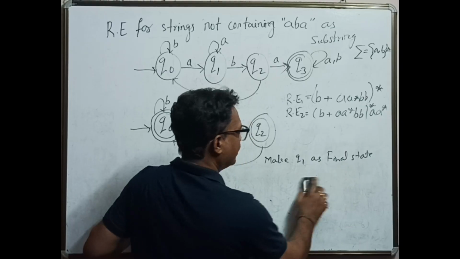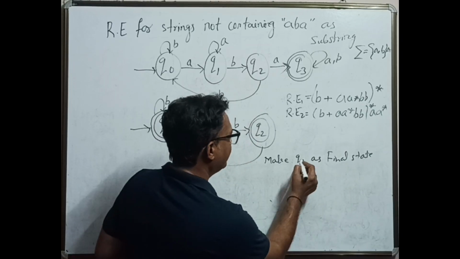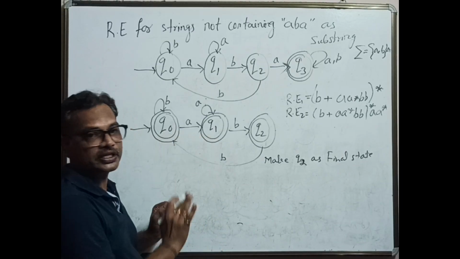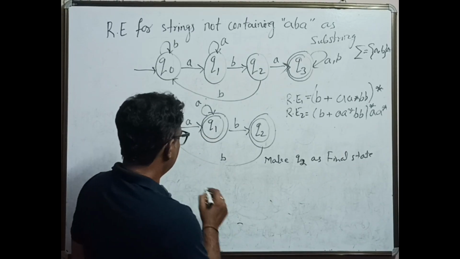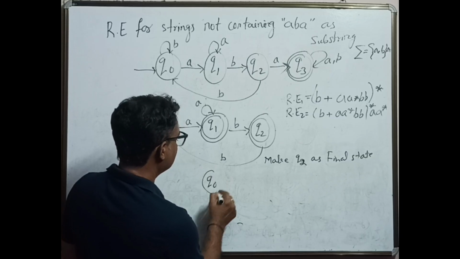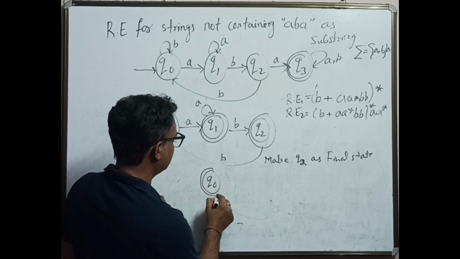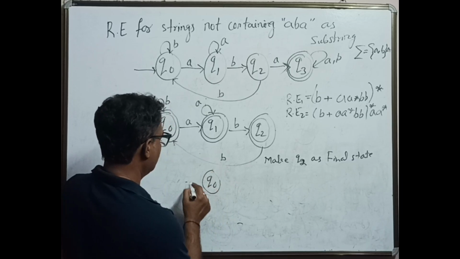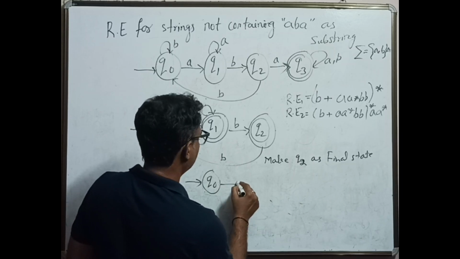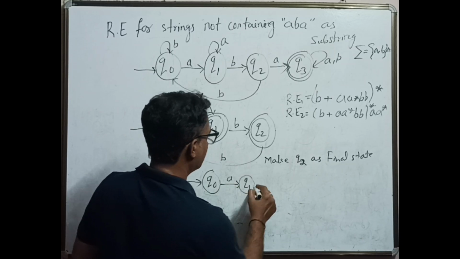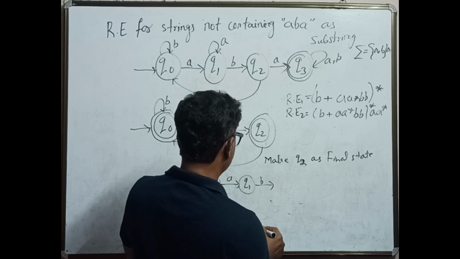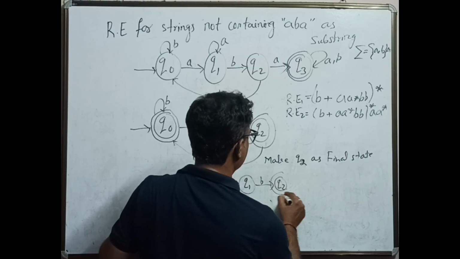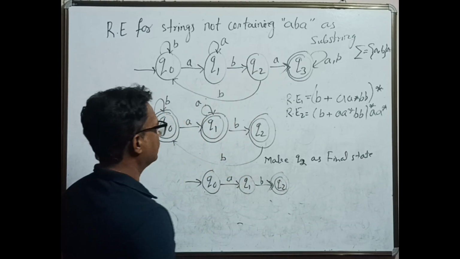This time we'll make Q2 the final state. That means these two will be normal states. Now Q0, this is a normal state. Q0 upon A goes to Q1, upon B goes to Q2, but Q2 is the final state this time.